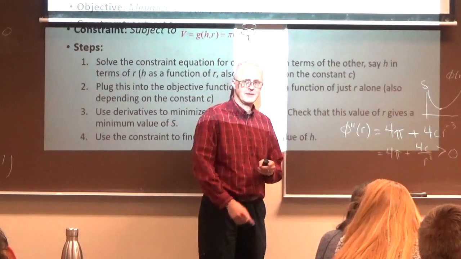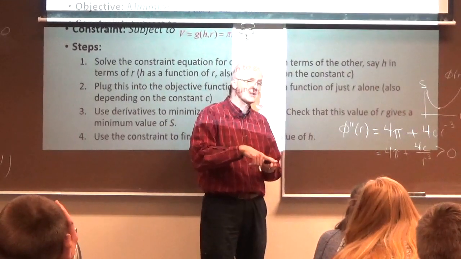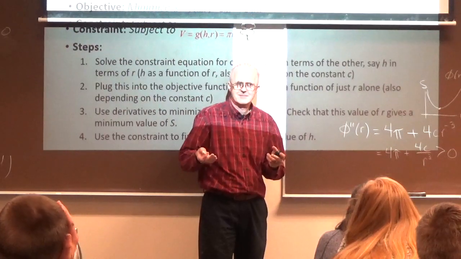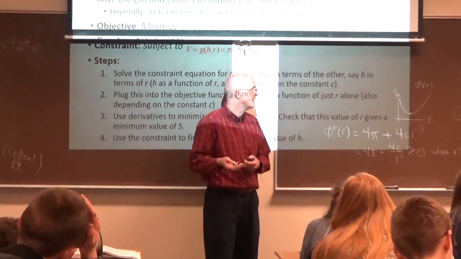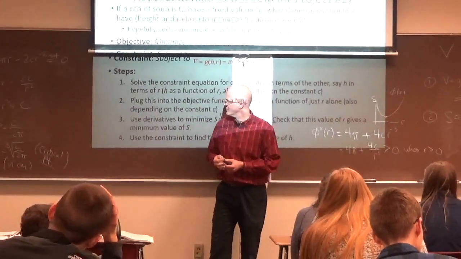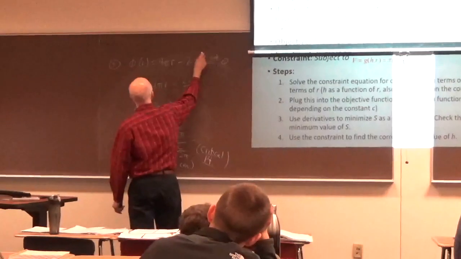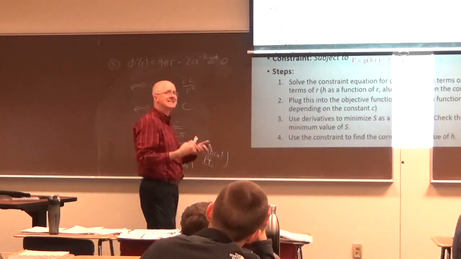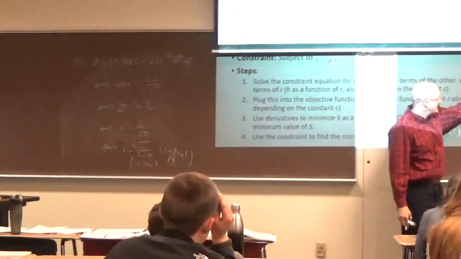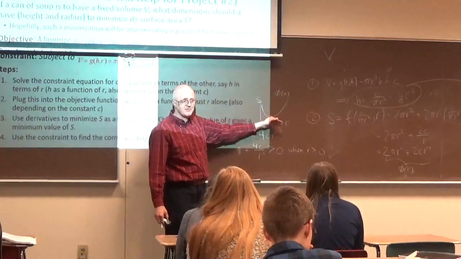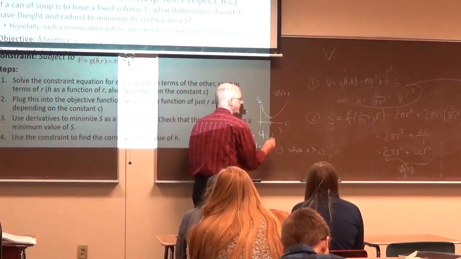There's another method. There's the first derivative test. I did the second derivative test first because it's a little easier, even though you have to take another derivative. The first derivative test is a little harder sometimes because you've got to think about the first derivative, and you have to think about, does it change sign from negative to positive as r increases through the critical point here?